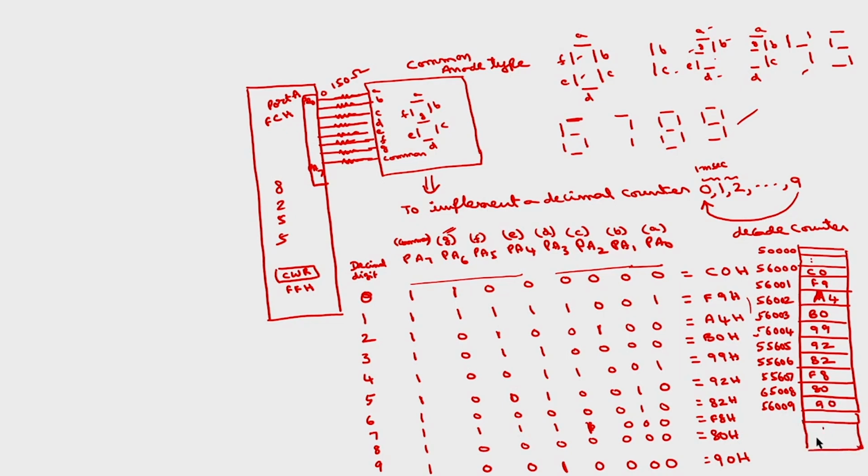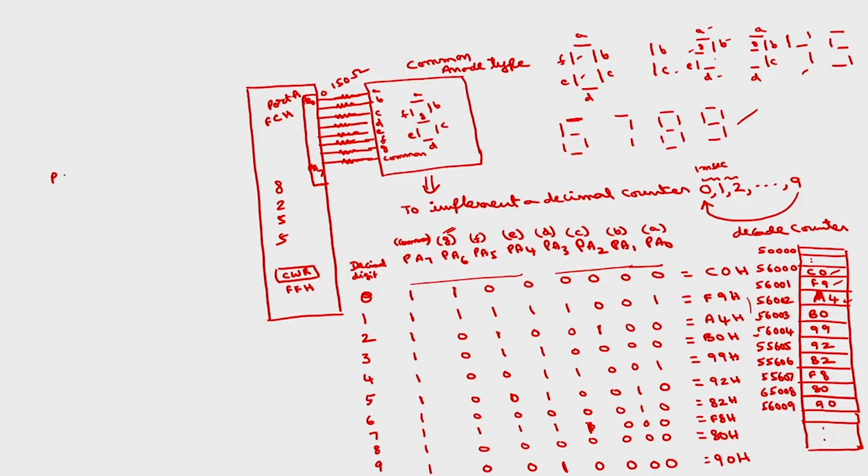The addresses we are not using. Okay. Now, I want to display these values through this. First you display this C0 value, then you display F9 value, you display A4 value and so on. And in between you call a delay subroutine of 1 millisecond.